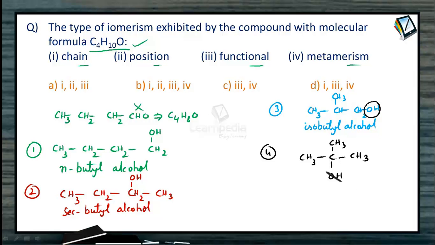The name of this compound is tertiary butyl alcohol. Now tell me, is there any other alcohol possible for this compound? Definitely no, because we wrote 4 carbon atoms in a straight chain, changing the position of the OH group, and again 3 carbon atoms in a straight chain, changing the position of the OH group, and no other alcohol is possible for this compound.